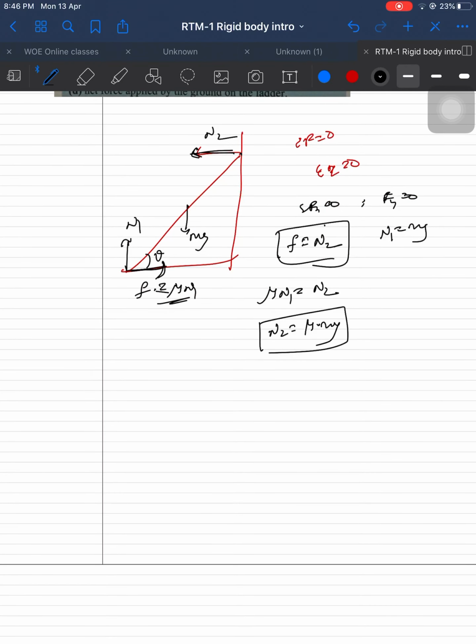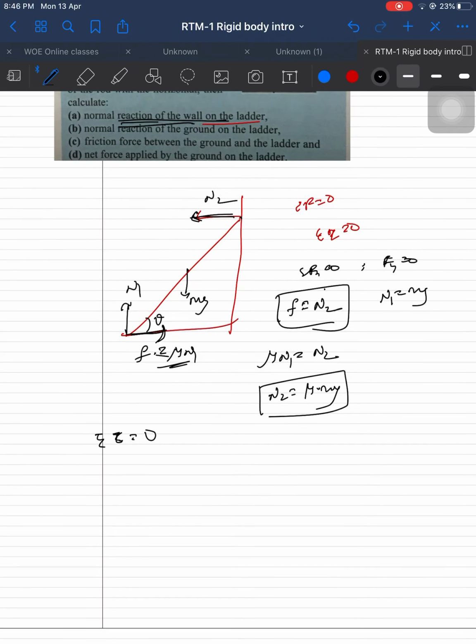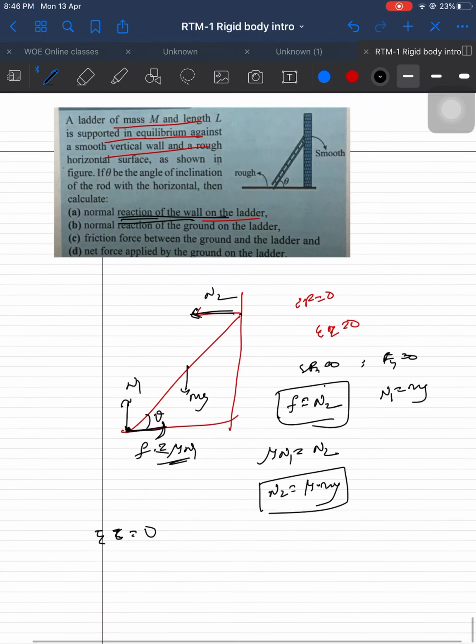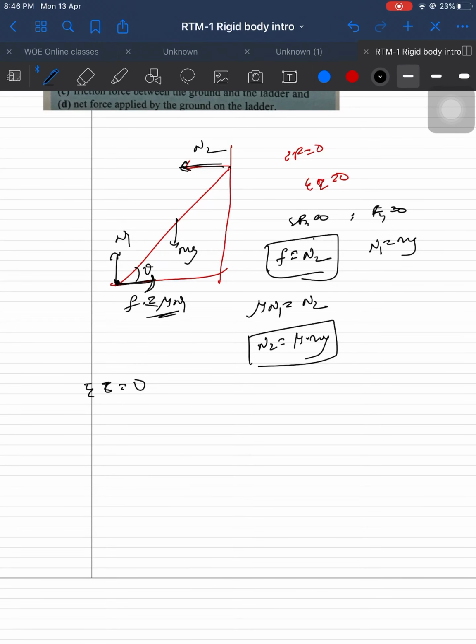Force balance is done. Next, torque balance. Net torque is equal to 0. About which point should we consider? We can consider any point. I am considering the point of N1 because two frictions are there and I want to eliminate these two. Net torque about point P: N2 is in the left direction, and the perpendicular distance is L sin theta.